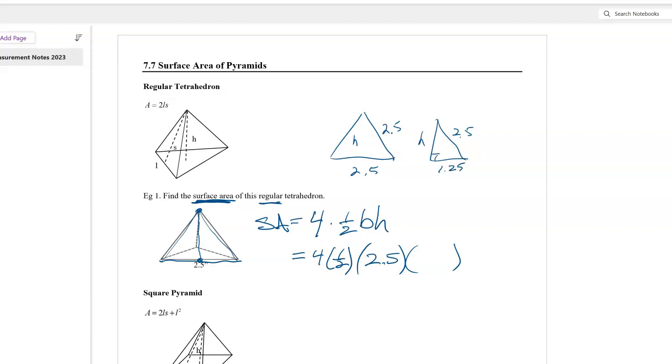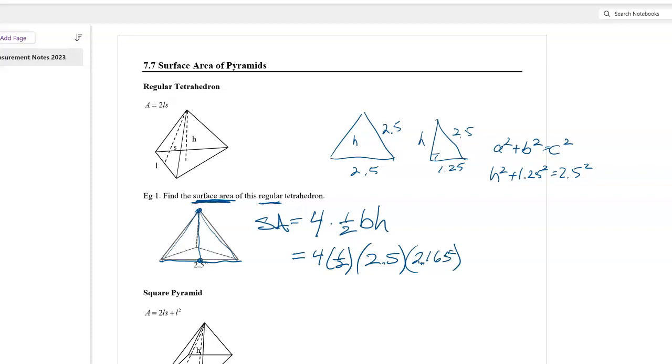All right, and using Pythagoras, I'm going to quickly use a squared plus b squared equals c squared. So height squared plus 1.25 squared is 2.5 squared. And so I end up with, and you should try to keep the entire number in here, but I end up with 2.165. I mean, the decimals keep going, but 3 decimals will be enough for our purposes.